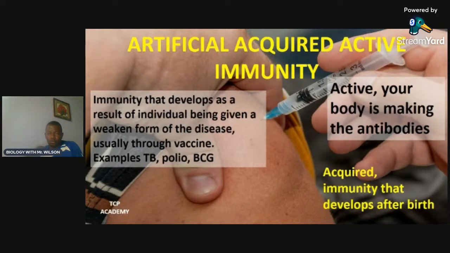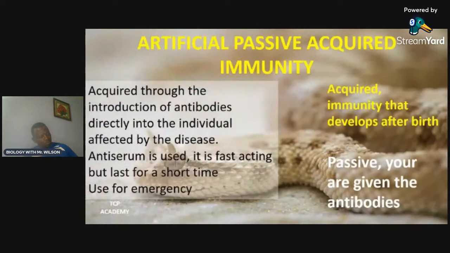Usually it is administered through a vaccine. Examples would be those for tuberculosis, polio, and BCG that we would have received in the early years of our life. It's very important for you to pay attention and look at the photographs we're using in the pictures, as they are giving you prime examples of each type of immunity.